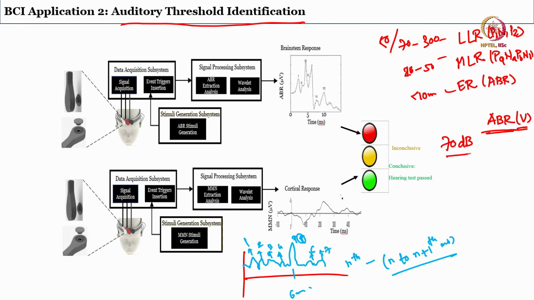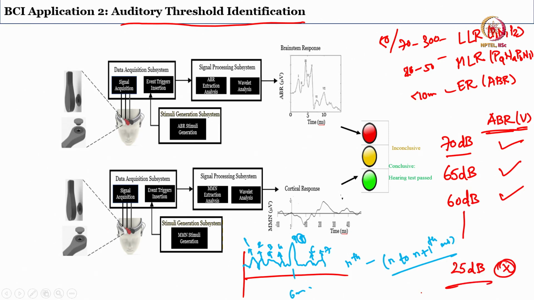So I was explaining, at 70 dB you will get this wave 5, then you further reduce it down to 60 dB, 65 dB, and so on. You go until 25 dB, where you are not able to hear. This can be one of your threshold values for sound. So what you are doing is measuring ABR and trying to address whether a person can hear or not.